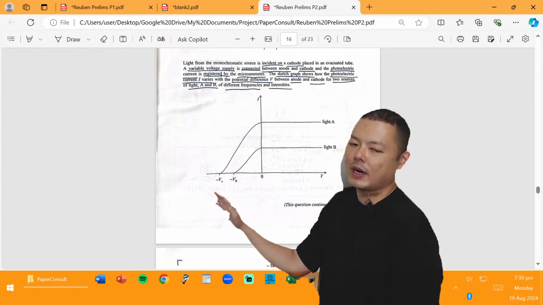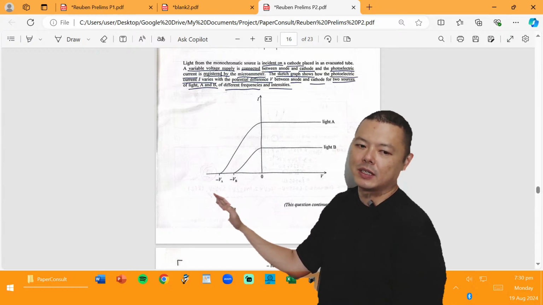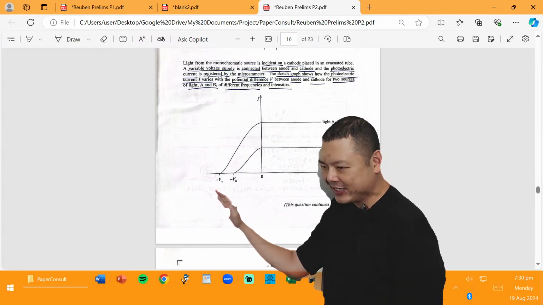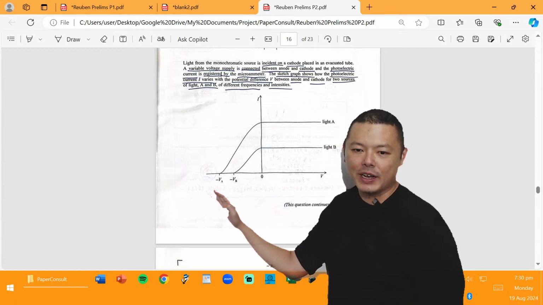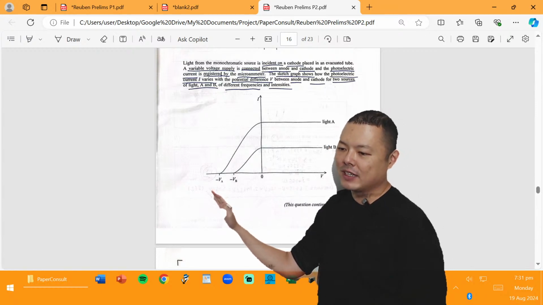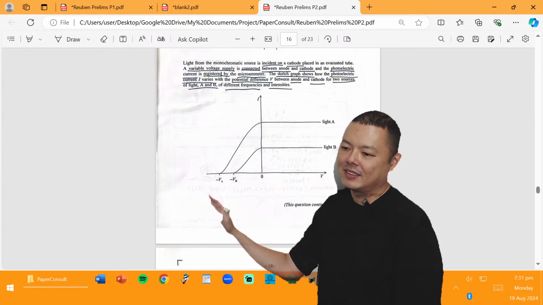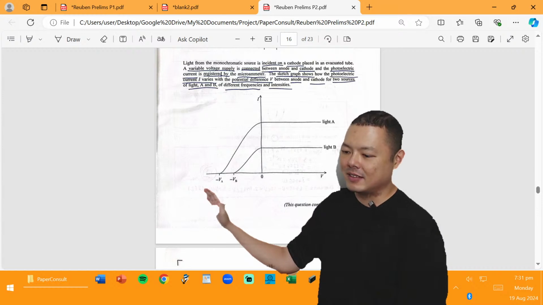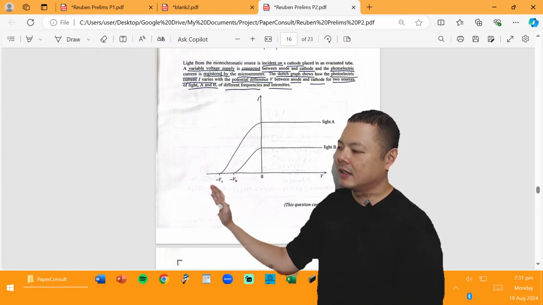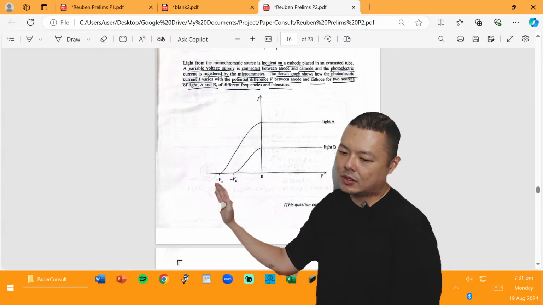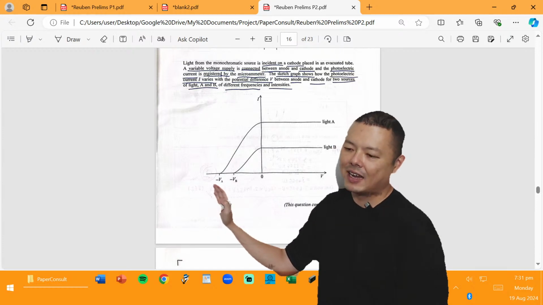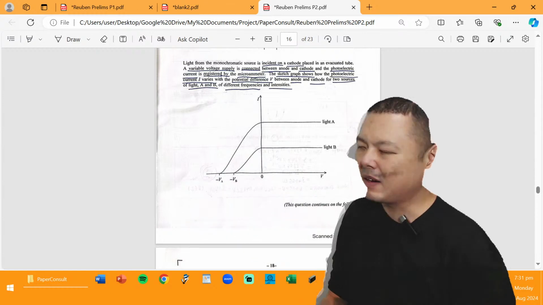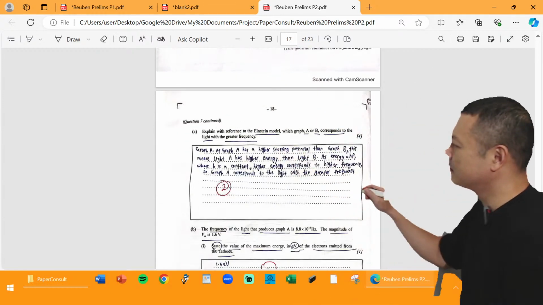And the reason why the photoelectrons have more KE is because the photon of light had more energy. And based on E equals hf, that was Einstein's model, the photon used in experiment A has a higher frequency because it has more energy. Yeah, like that. But 4 marks, walao, make people worry only.